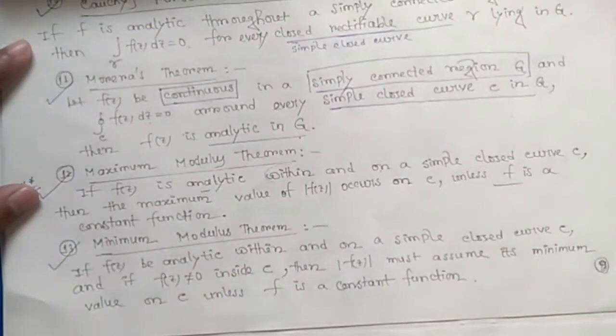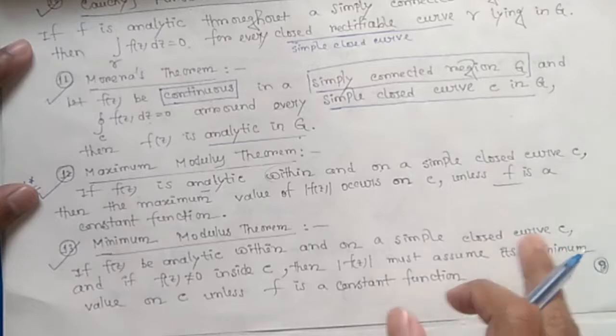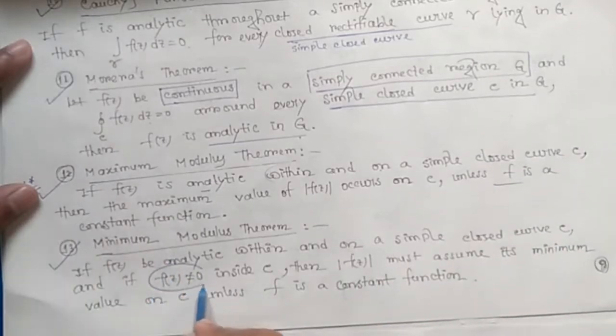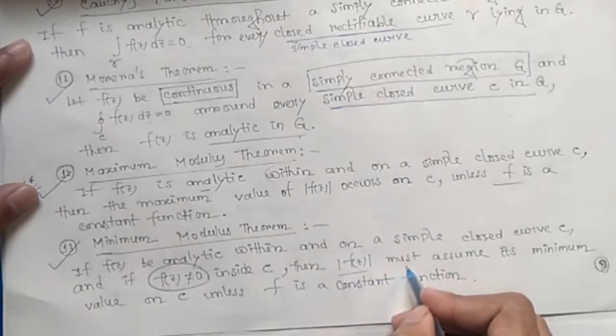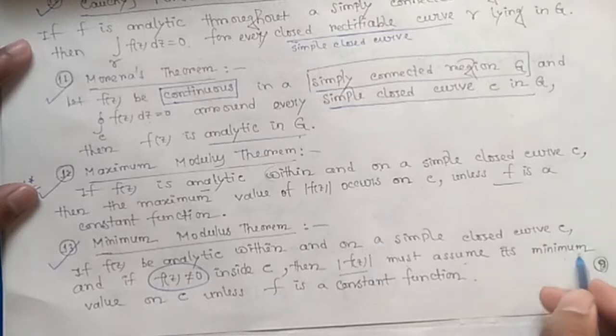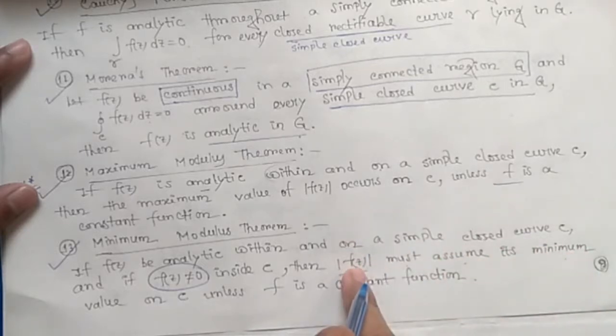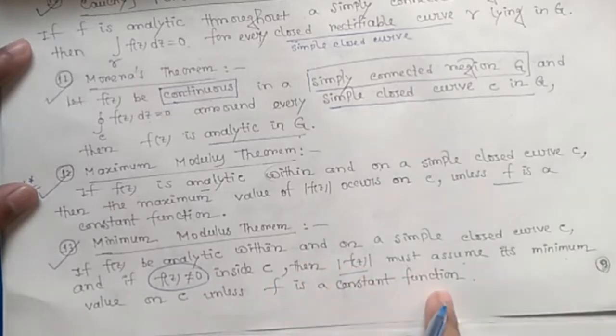Minimum modulus theorem. Similarly, f(z) is analytic within and on a simple closed curve C. If f(z) is not equal to 0 inside C, then mod f(z) must assume its minimum value on C, unless f is a constant function.